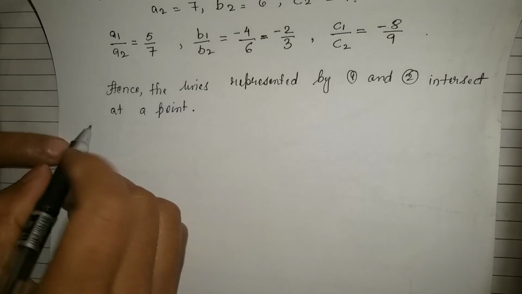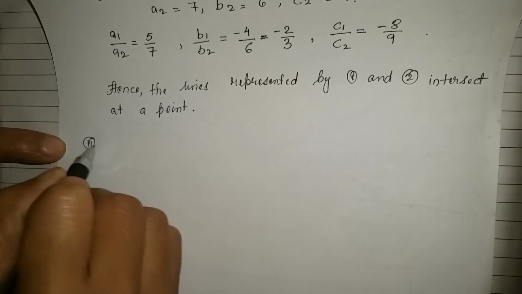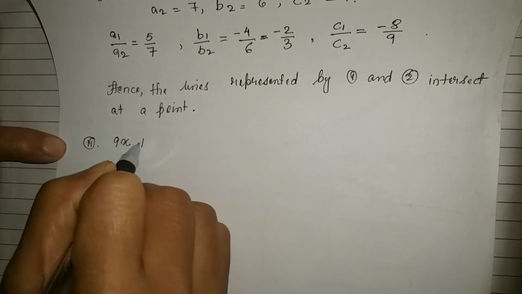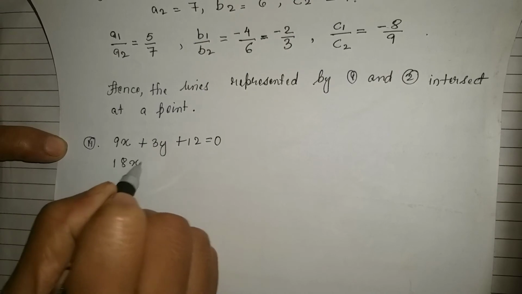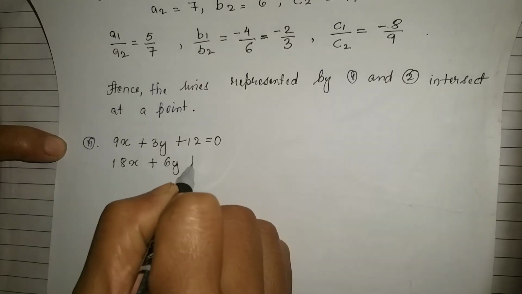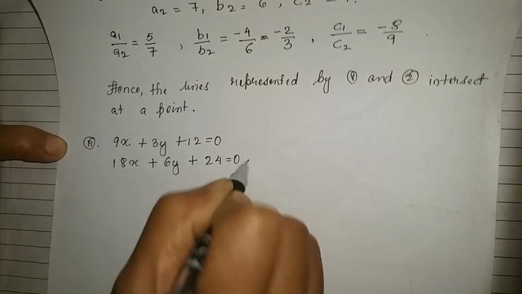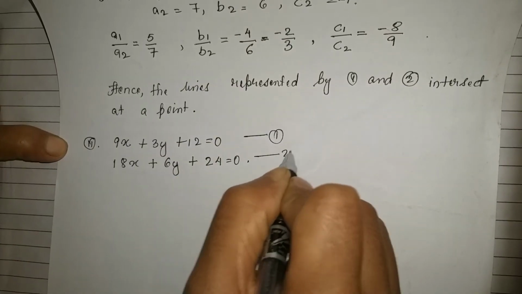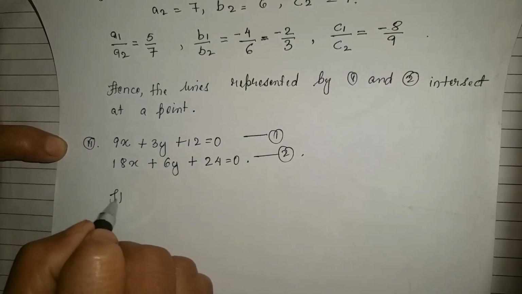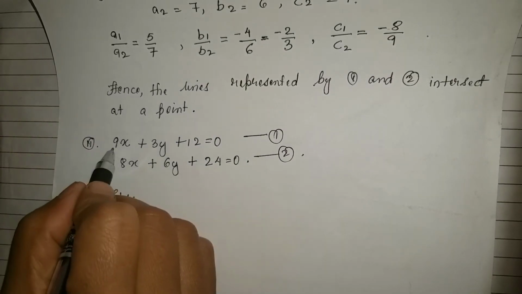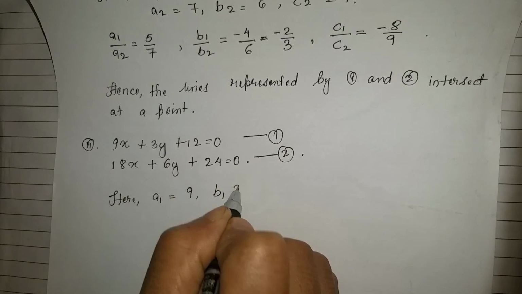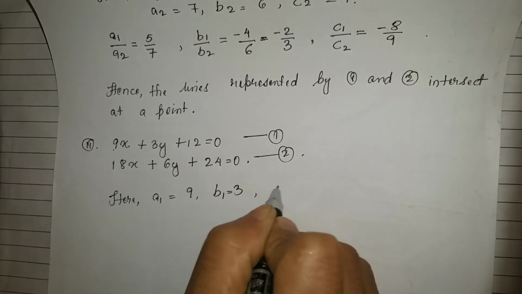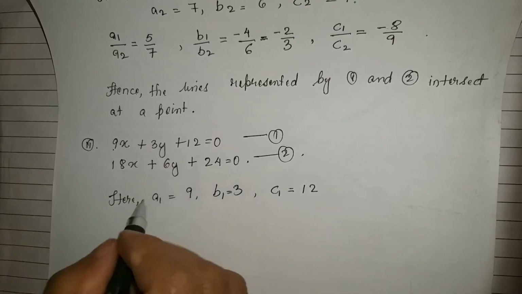Let us do the second pair of linear equations. 9x plus 3y plus 12 equal to 0. Let me name this as 1, this as 2. Here our a1 is 9, our b1 is 3, our c1 is equal to 12.